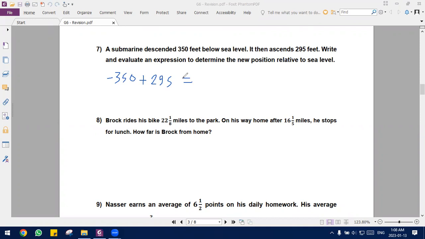So when we subtract them here, we will get 55. Now we take the sign of the biggest one, it's minus. So her position compared to the starting point is minus 55. It means it's still down.